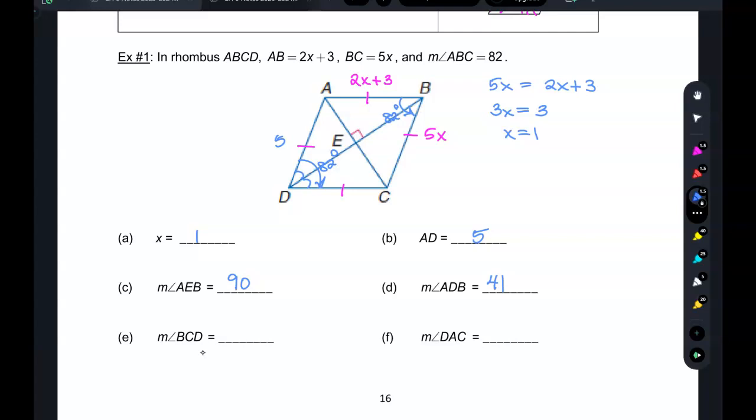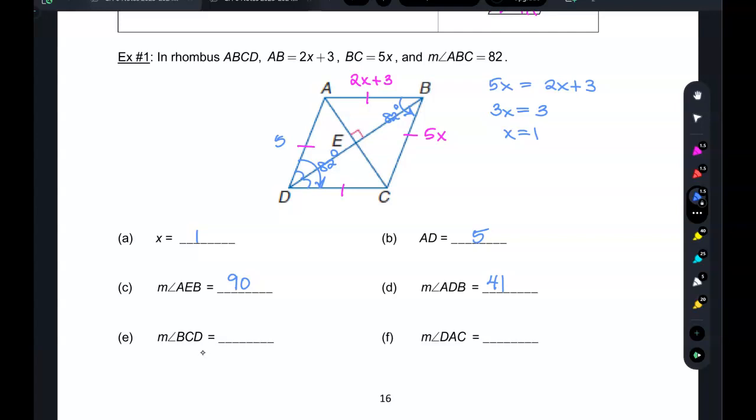Okay, how about BCD? Here's BCD. Isn't it like 180 minus? Okay, so it's still a parallelogram. So if this is 82 degrees, we know these 2 angles here and here have to be supplementary. So what would 180 minus 82 be? 98.